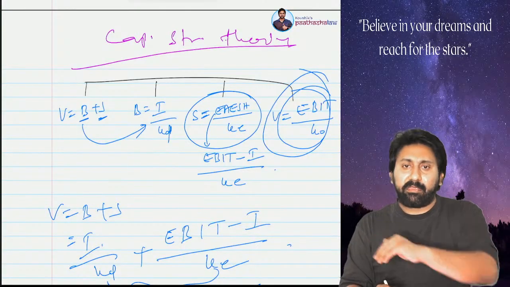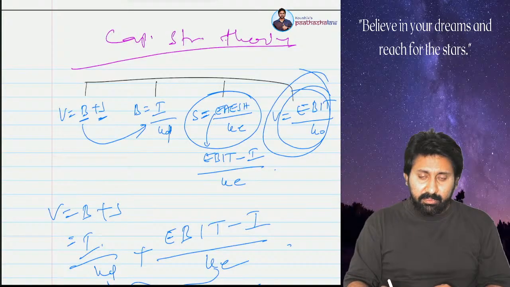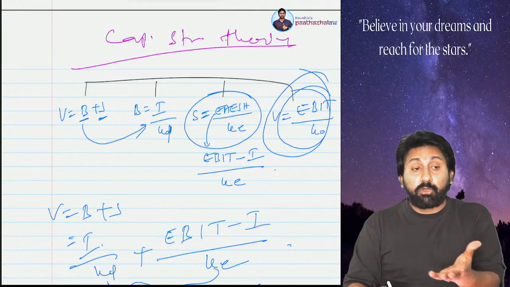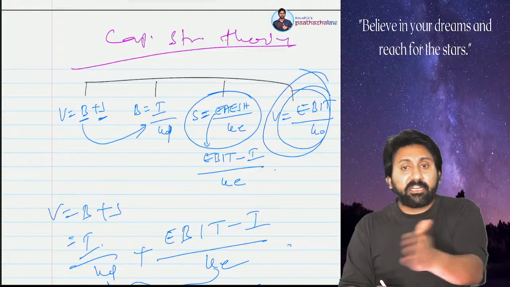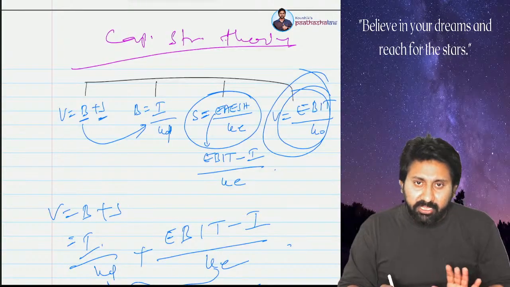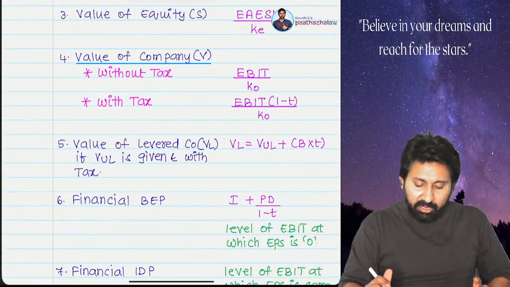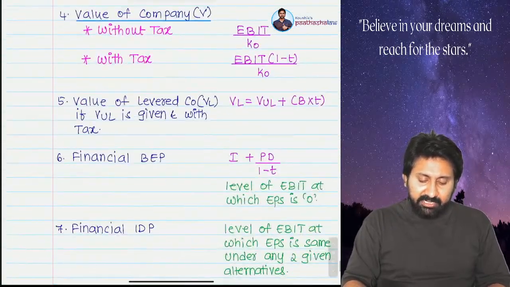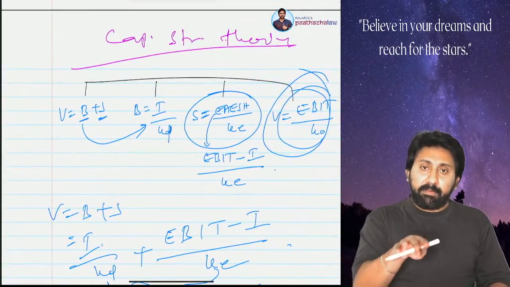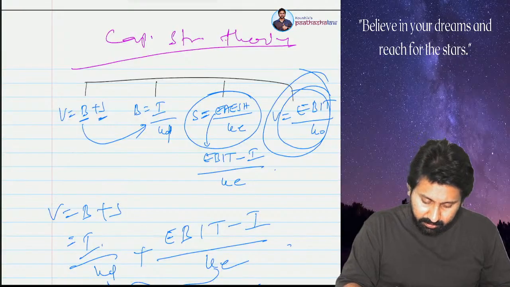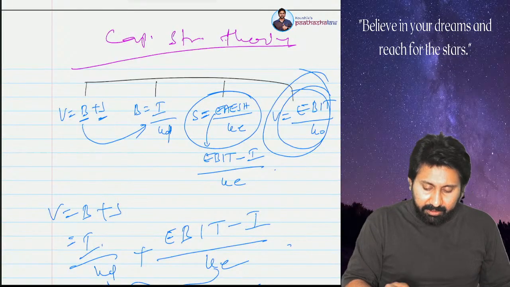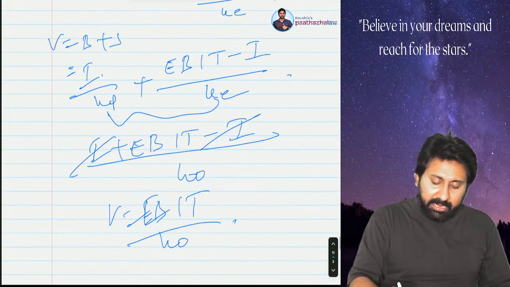EBIT minus I. EBIT is the earning available to both equity and debt. If you remove the interest portion, everything remaining belongs to the equity shareholders. If taxation is also involved, then EBIT into 1 minus T minus I, divided by KE. And finally, V equals EBIT by KO.